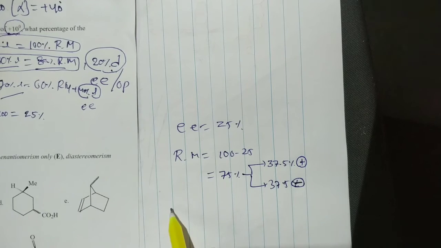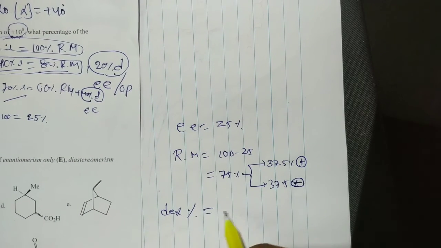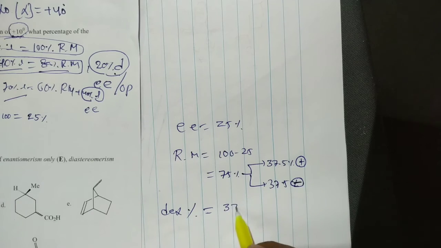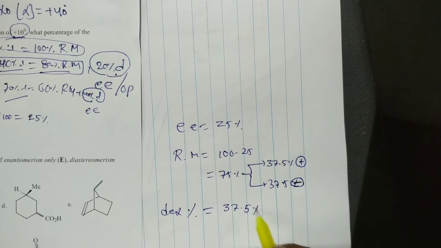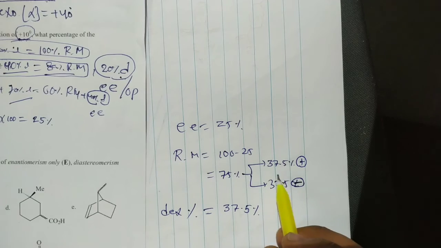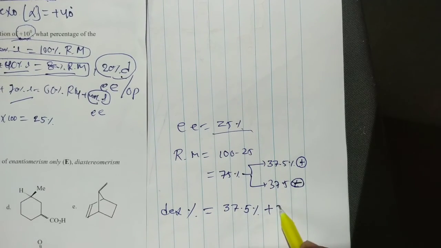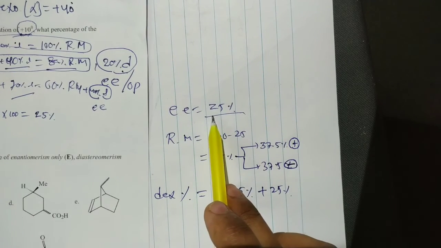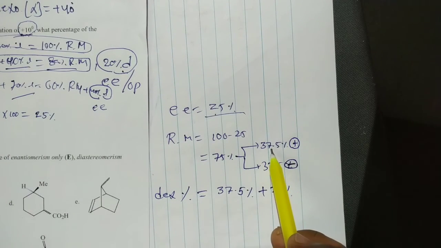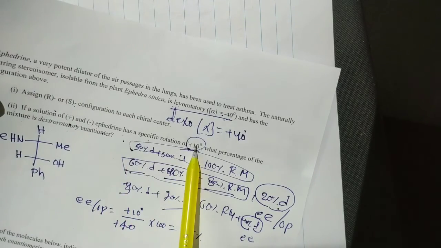So in this case the percentage of the dextro isomer equals 37.5 percent, and the enantiomeric excess is 25 percent. Why do we have to add this 25 percent to the 37.5 percent? Because the mixture has a positive rotation.